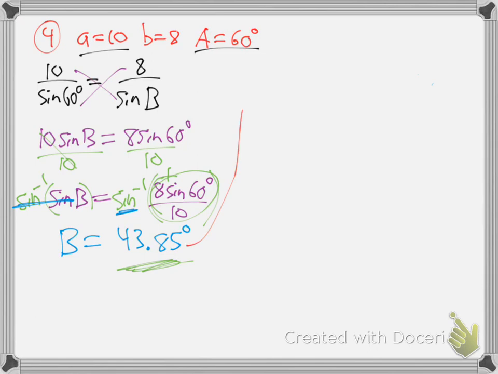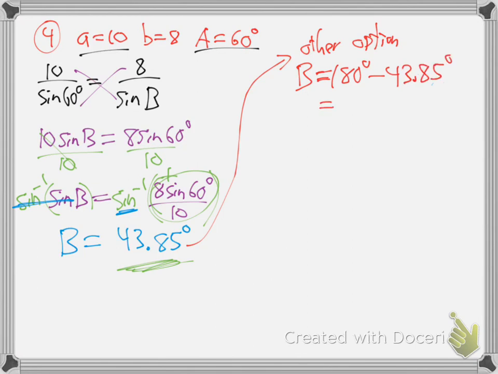Once you get your answer, the other option for B is 180 minus the 43.85, which is 136.15. You good there? That's in the second quadrant, isn't it? That's between 90 and 180. The second option is always in the second quadrant when you do inverse sine. Now, everybody good to there?